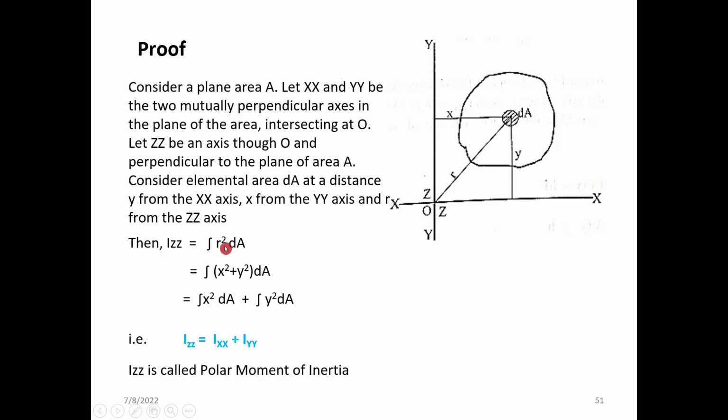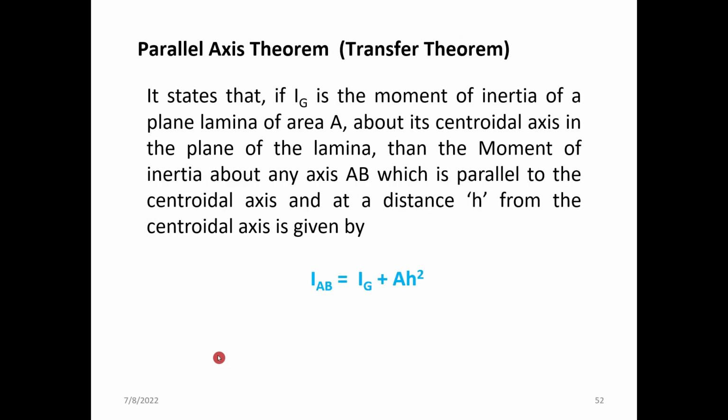We can write r square equal to x square plus y square, and so on dividing we have Iz equal to Ixx plus Iyy, where Iz is called the polar moment of inertia.